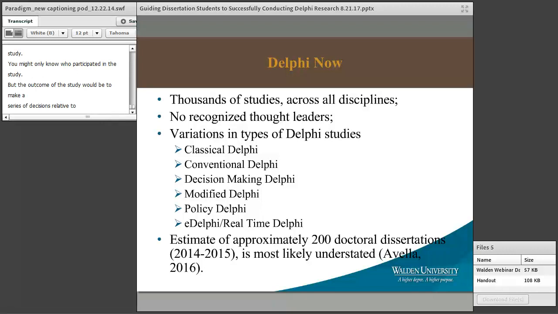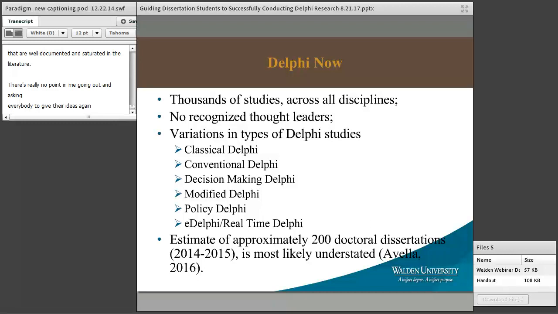There's something also called a modified Delphi. I'm a frequent user of this design with students when there is a fair amount of research already conducted on the topic, and there are lots of solutions. So if there were lots of solutions already on tools and techniques for building engagement, and I was able to come up with a couple of dozen that are well documented and saturated in the literature, there's really no point in me going out and asking everybody to give their ideas again from scratch.